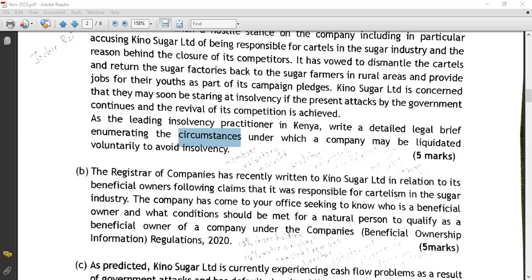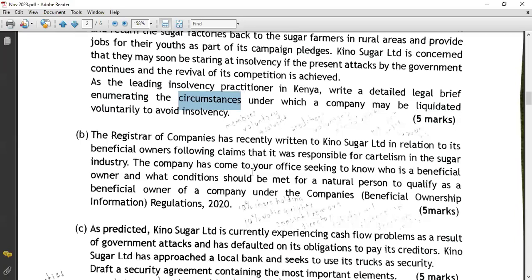You can be asked the process, which will carry more marks than this. The process of voluntary liquidation by creditors has been asked. So prepare for that.